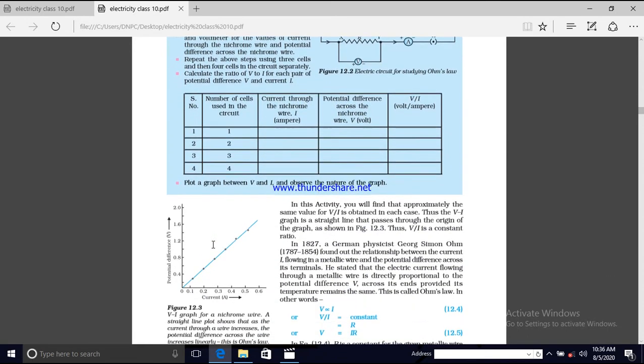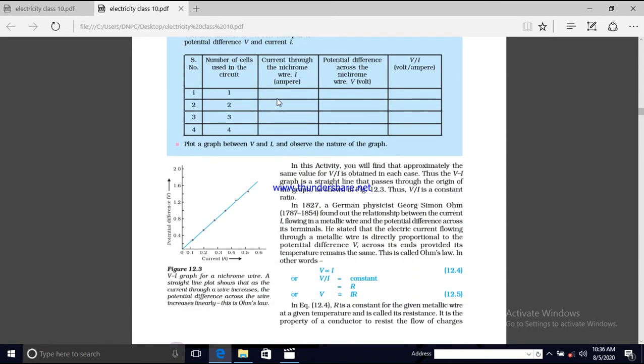In all these situations we are measuring the current flowing in the circuit using the ammeter in amperes, and potential difference using the voltmeter in volts. Ampere is the SI unit of electric current, and volt is the SI unit of potential difference.